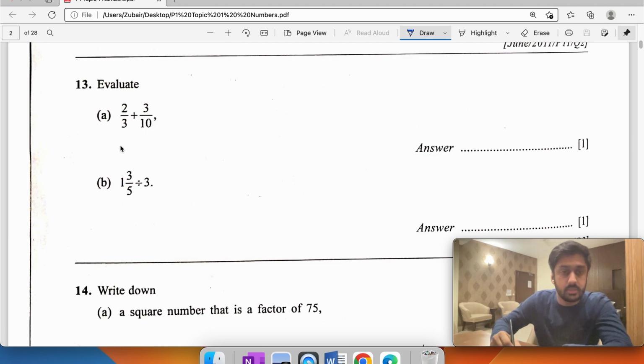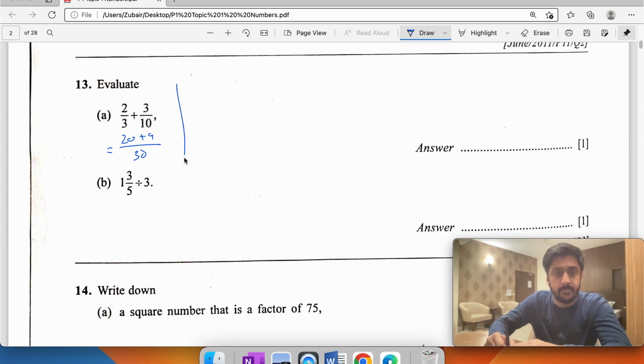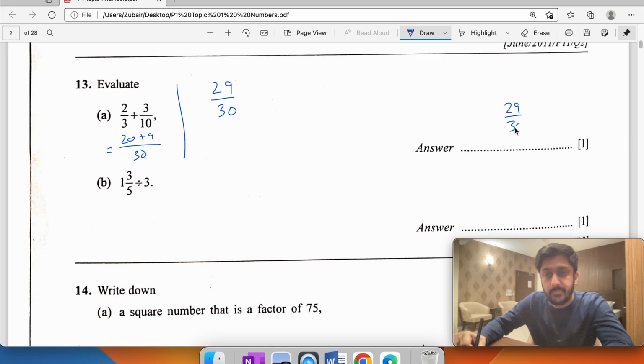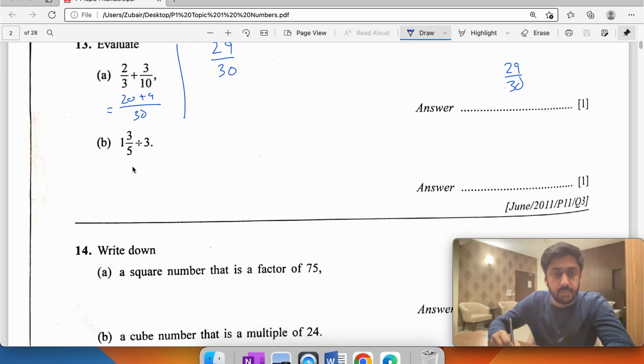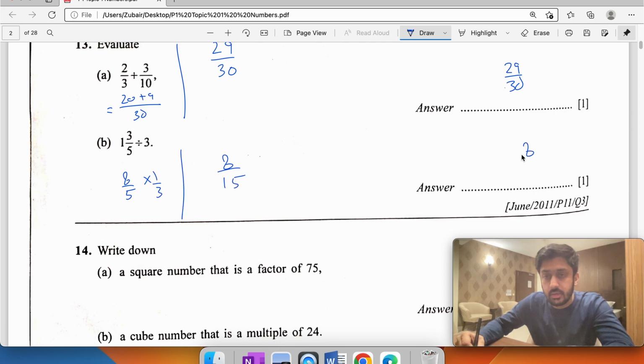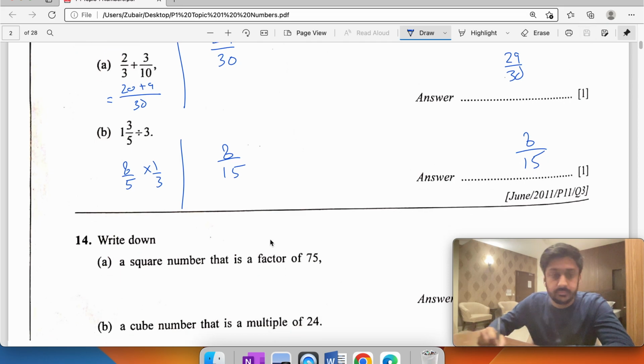Evaluate 2 by 3 plus this. So LCM again, 30. 20 plus 9 is 29 by 30. Mixed number: 5 1 times 5 6 7 8. 8 by 5 into 1 by 3 is 8 by 15.